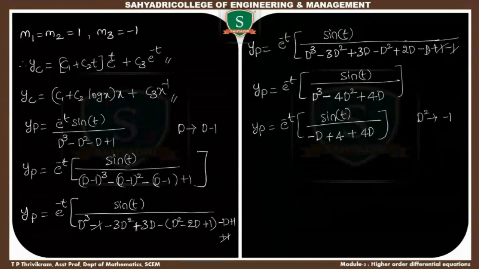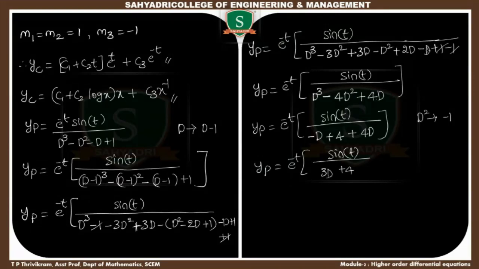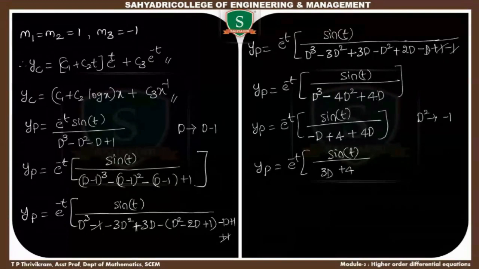Okay, so 4d minus d, you'll get 3d. So you'll get 3d plus 4. So in denominator we got 3d plus 4. So multiply with conjugate, 3d minus 4 divided by 3d minus 4.